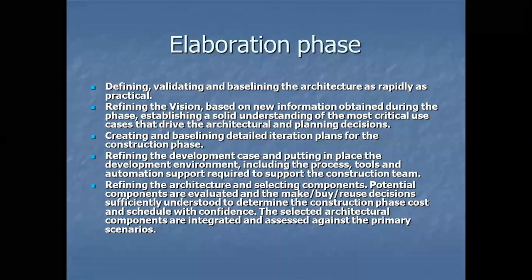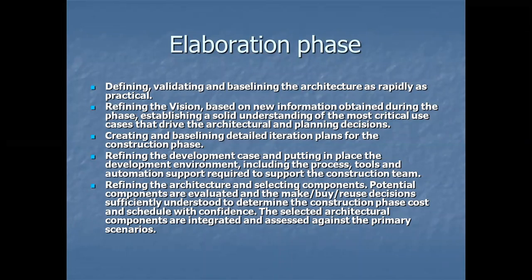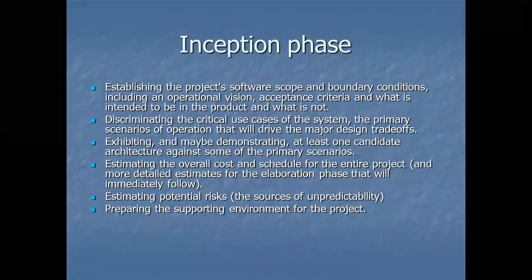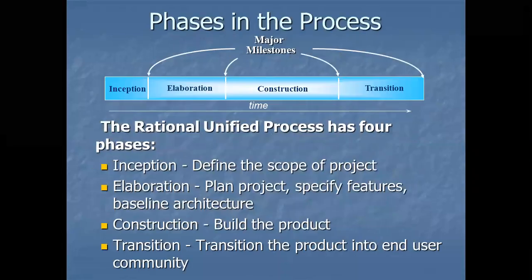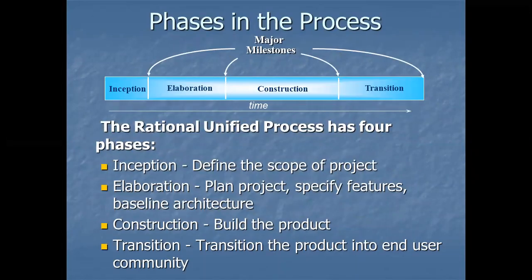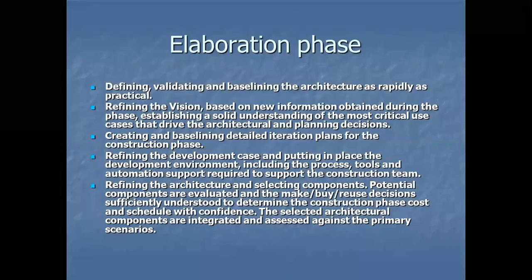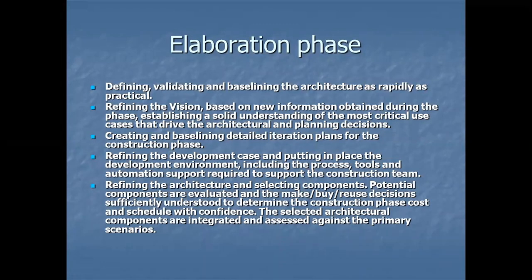In this phase, we are going to develop an architecture model for that requirement. We are going to elaborate the system. Here you can see in elaboration we plan the project, specify the features, and design the architecture for the requirements from the inception phase. Okay, this is the elaboration phase.